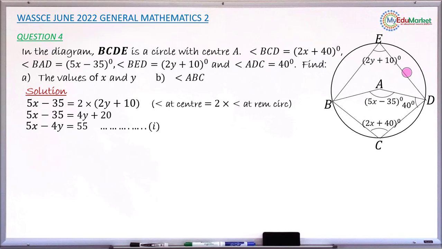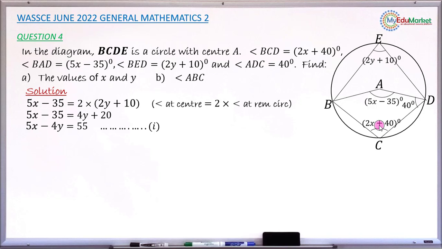If you now look at this angle here, 2y plus 10, and this angle 2x plus 40, this is a cyclic quadrilateral. Remember, there is a theorem which connects opposite angles of a cyclic quadrilateral, which says if you add the two angles together, what you simply get is 180 degrees.